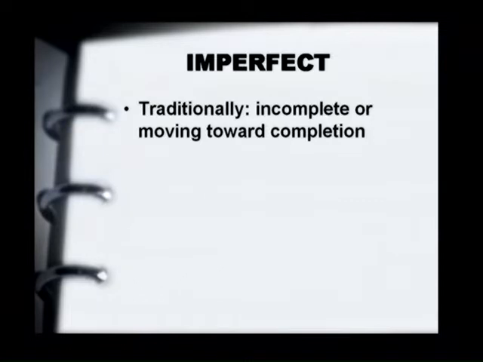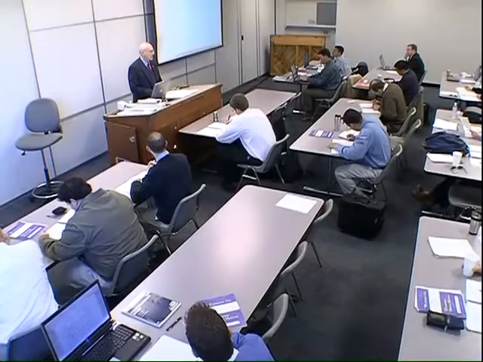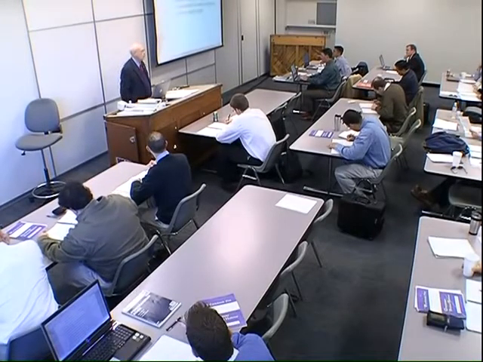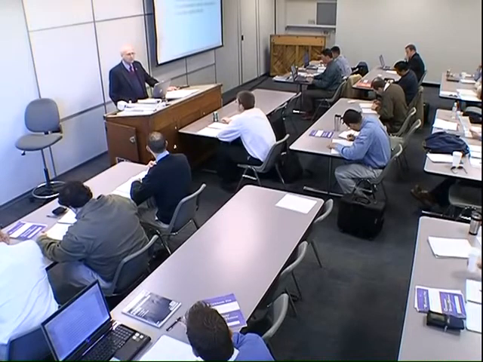In fact, we could argue that incompletion comprises less than half of all the usages of the imperfect. So we must be very, very careful and cautious here. It's not adequate for us to say the imperfect means incomplete, the perfect means complete. We cannot say that for either one of these. And so as we go through, I'll be emphasizing this and also helping you out with regard to translation.